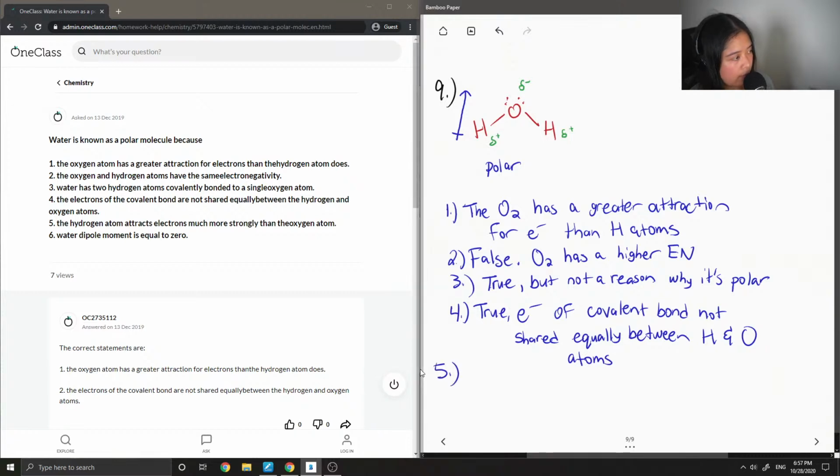For 5, the hydrogen atom attracts electrons much more strongly than the oxygen atom. So again, we know that this is false, since O2 will attract them more strongly.